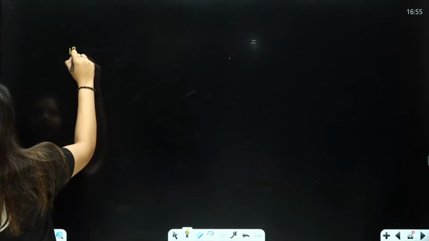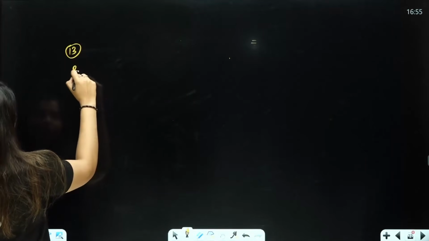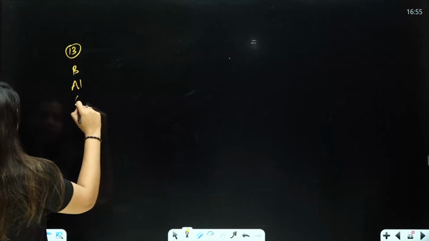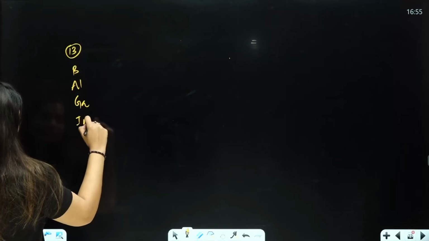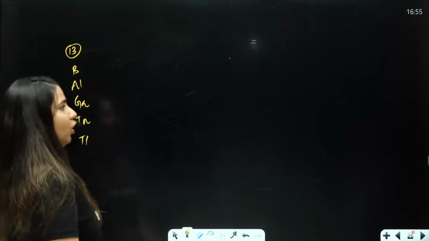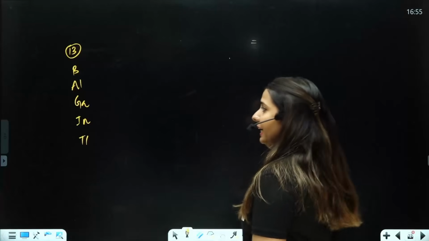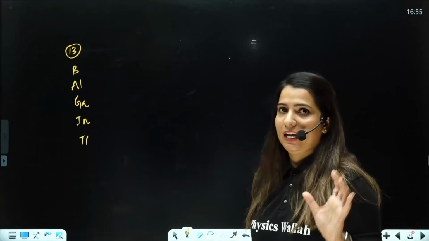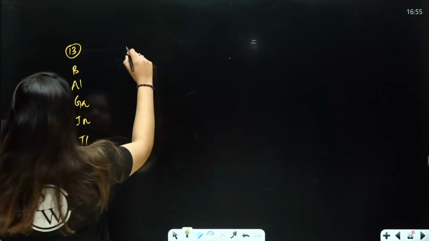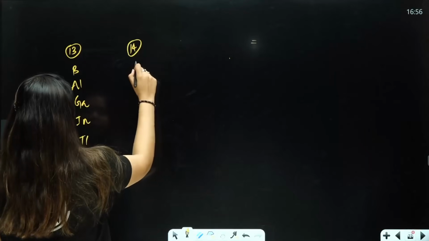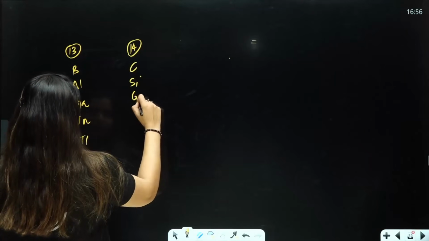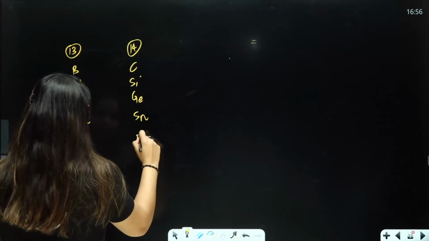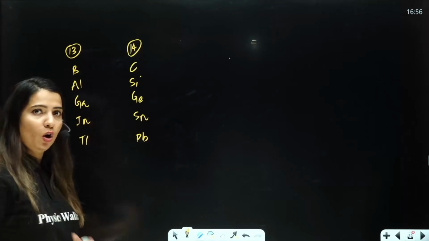First of all, 13. We have these elements present: boron, aluminium, gallium, indium, thallium. You need to remember every one of the elements. After that, group number 14. Remember all of the elements.